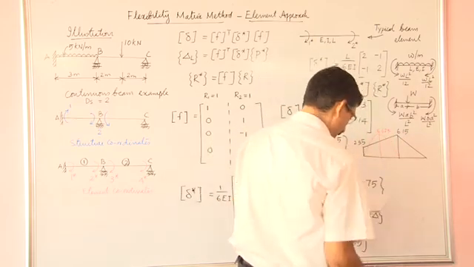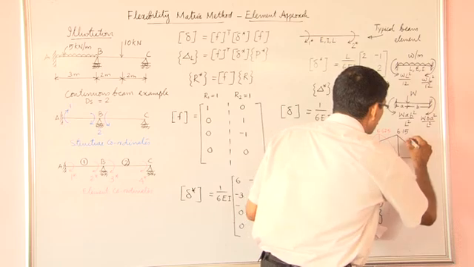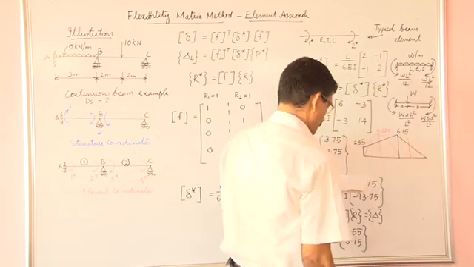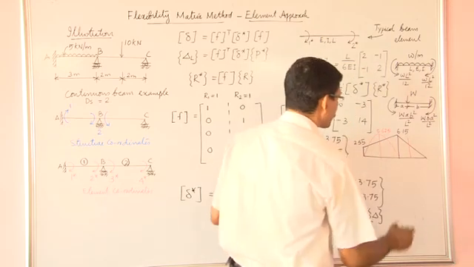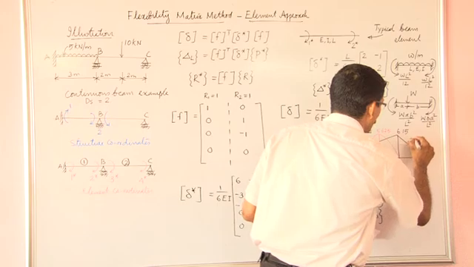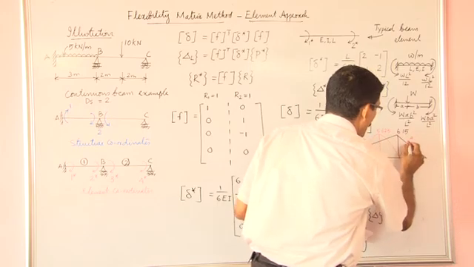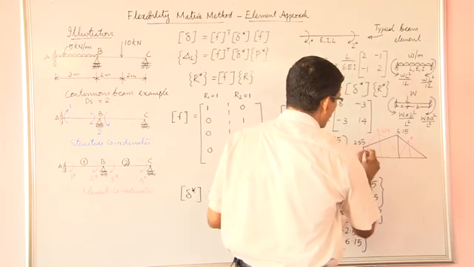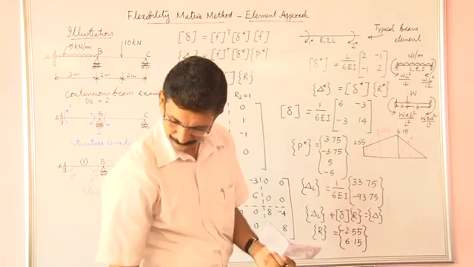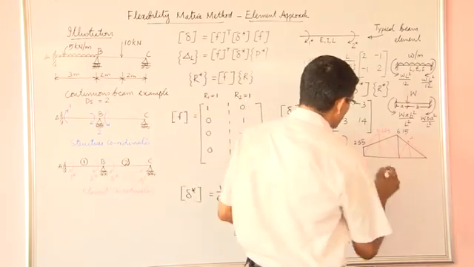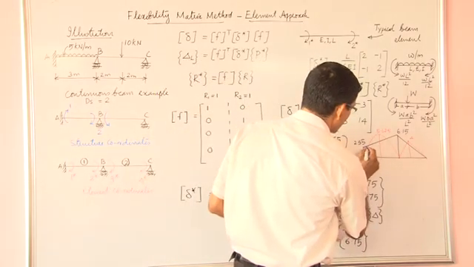And here, this number is 4. The BMD is the disjoint portion.